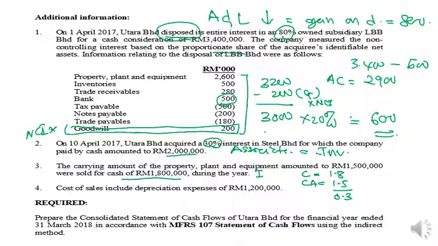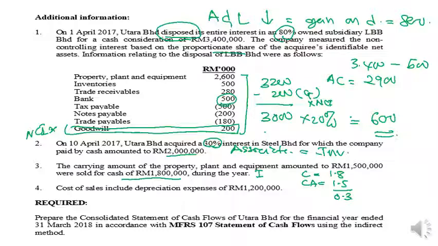Okay, the company measures the non-controlling interest based on the proportionate share of the acquiree's identifiable assets. Since you are using proportionate shares, this goodwill is not for the NCI, because you measure NCI based on proportionate shares. So you need to find your net identifiable assets. When you total up, the amount here is 3,200.